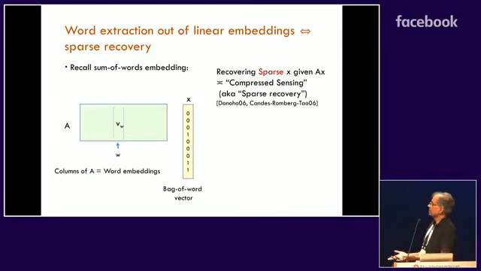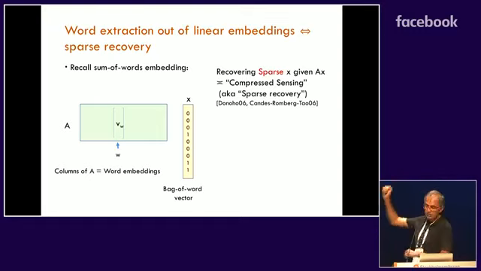Now when you take the sum of word vectors, what you're doing is multiplying this matrix by the bag of words vector, which is a sparse vector with a 1 in all the coordinates corresponding to the words that are in the document. So if you do A times x, you're just summing up the word embeddings of the words in the document.